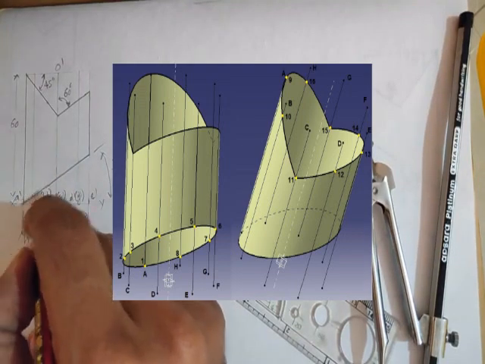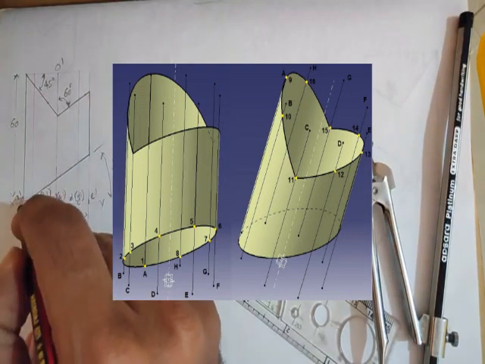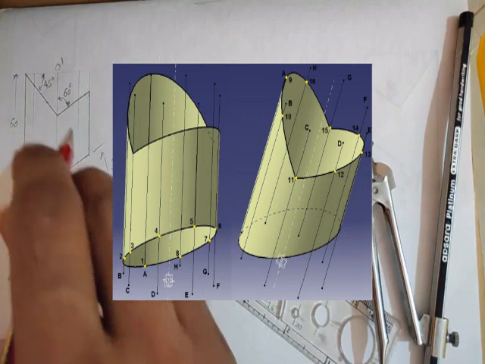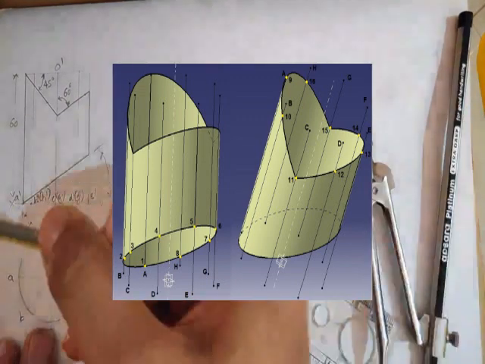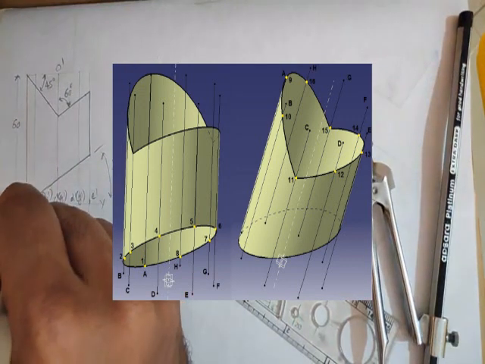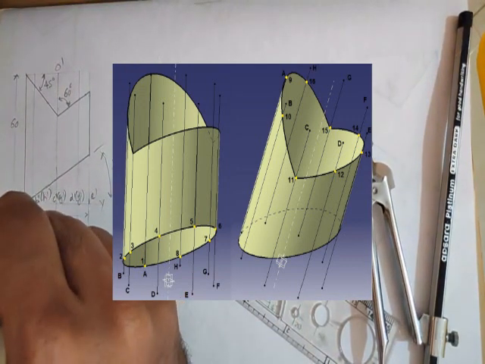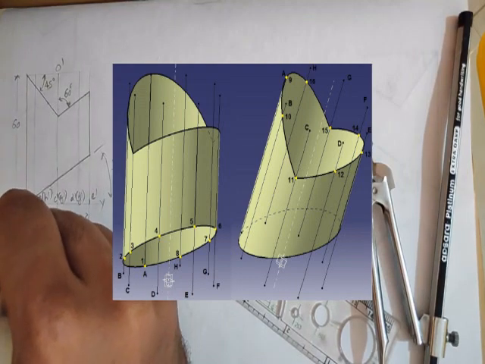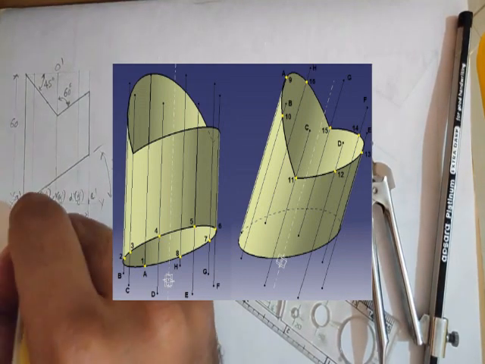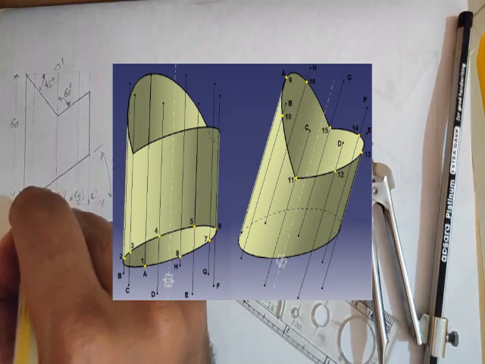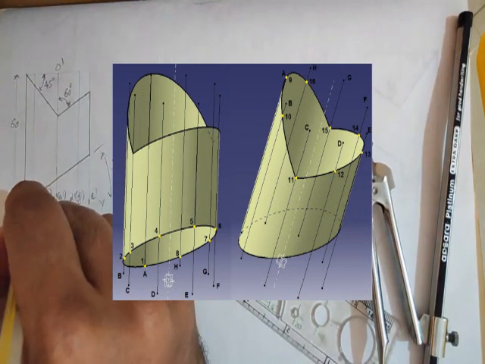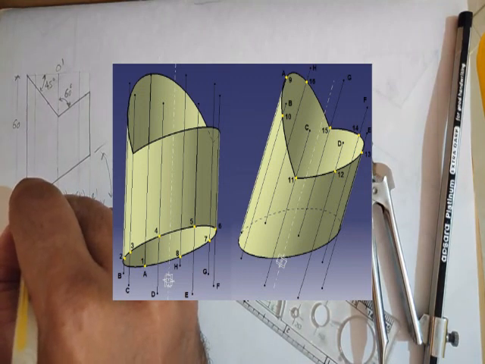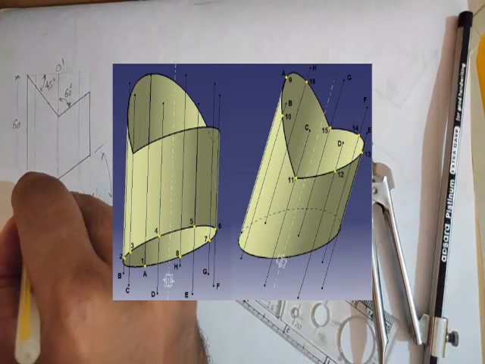This cutting plane is cutting the generator A dash at this point, so I'll be naming this point as 1. Then it is cutting the generator B dash or B at this point, so this would be 2.